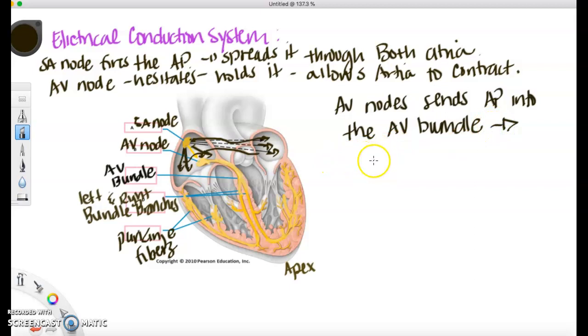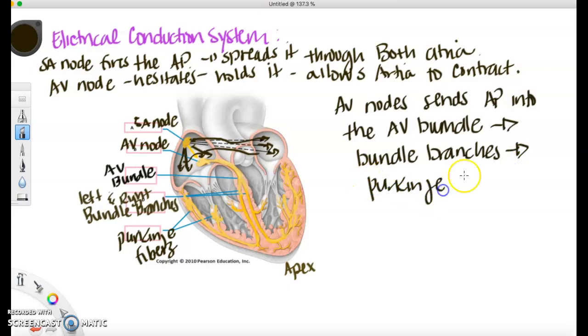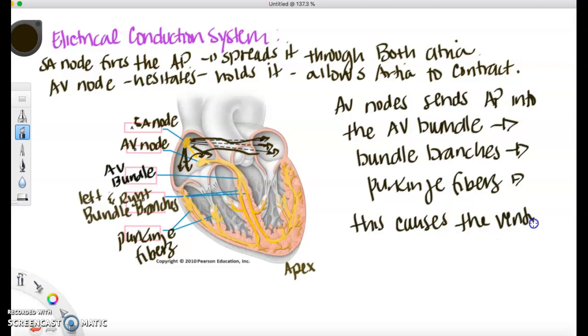Then it runs down into the bundle branches, right and left, and then into the Purkinje fibers. And this causes the ventricles to contract.